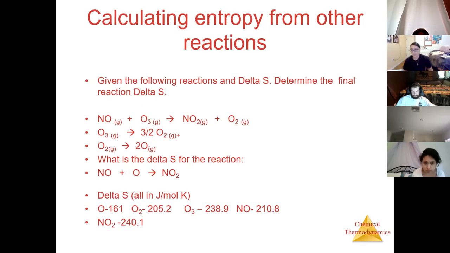Is it on the correct side? Which side is the O on our target equation? It's on the reactant side. So it's on the wrong side. I have to flip that reaction. Is there anything else I have to do to that reaction?